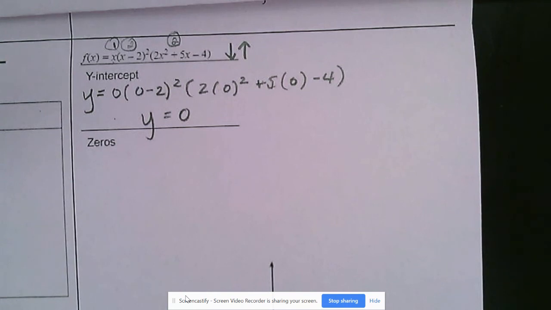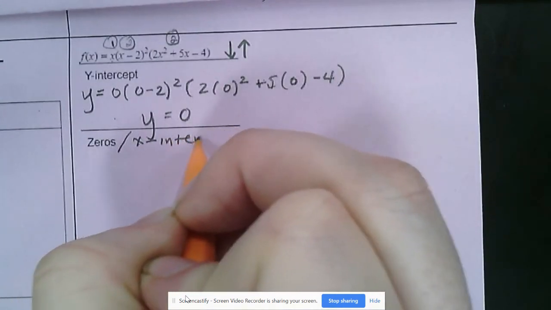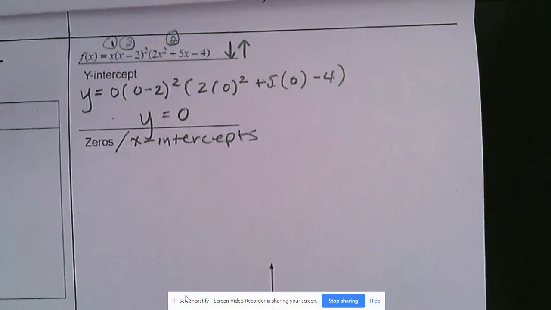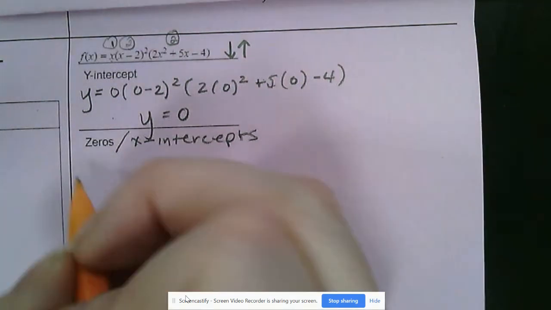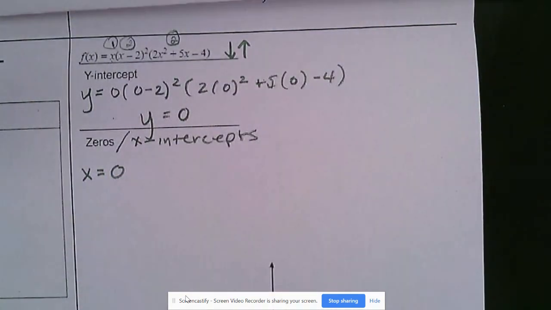And just to remind you, your zeros are the same thing as your x-intercepts. So if this vocabulary is throwing you off, we're still going to just calculate this in the way that we calculate the x-intercepts. So if you recall, we take each factor and set it equal to 0. So the first factor is x, set it equal to 0. Well, that's already solved.